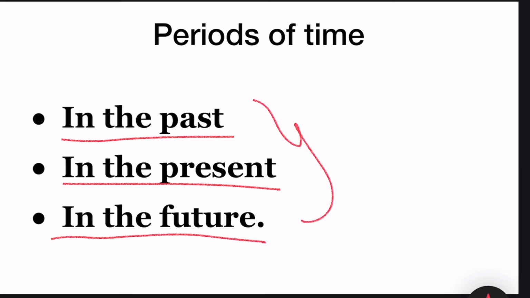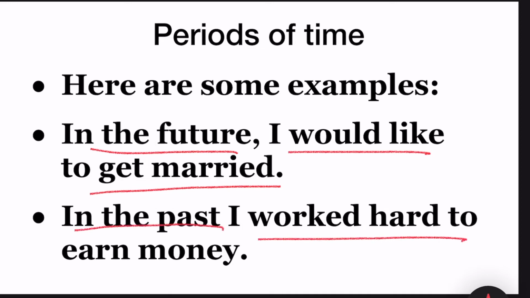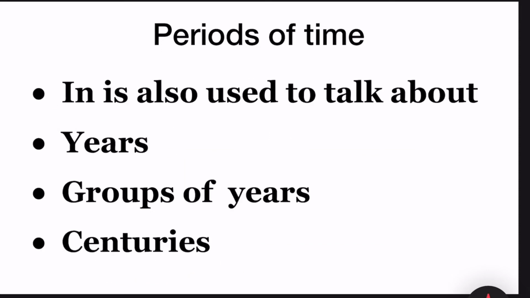These are all general time, so we have used the preposition in here. Here are some examples. In the future, I would like to get married. In the past, I worked hard to earn money. We are expressing the time in general, so we have used the preposition in.